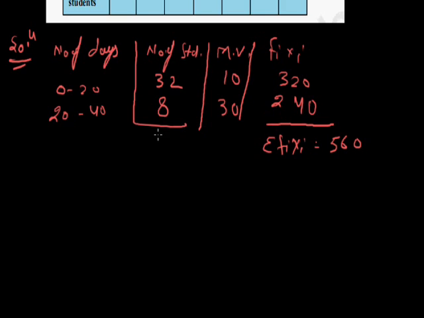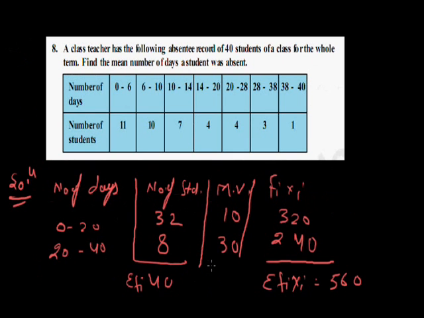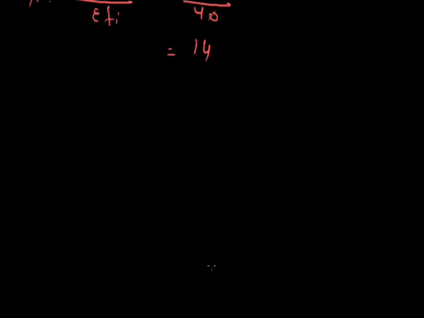Now the number of students is 40. Now this is summation fi. Now the x bar is summation fi xi upon summation fi. Now this is 560 upon 40. Now cancel 10 to 10. Now this is 14. Now the mean number of students absent is 14.